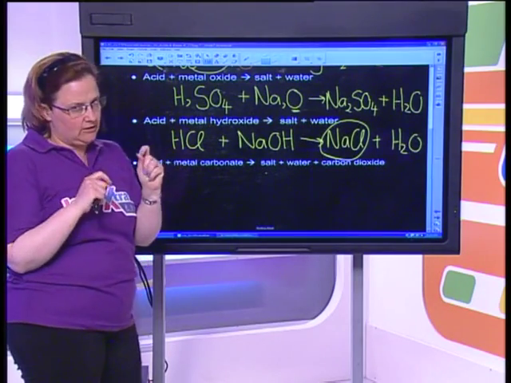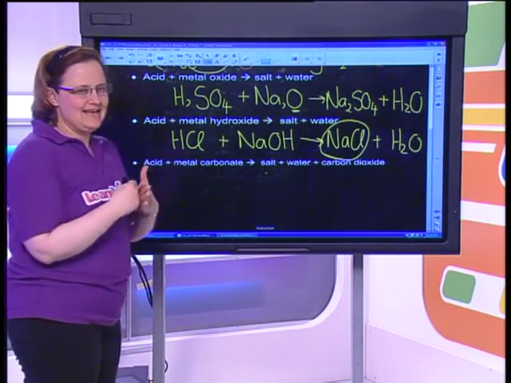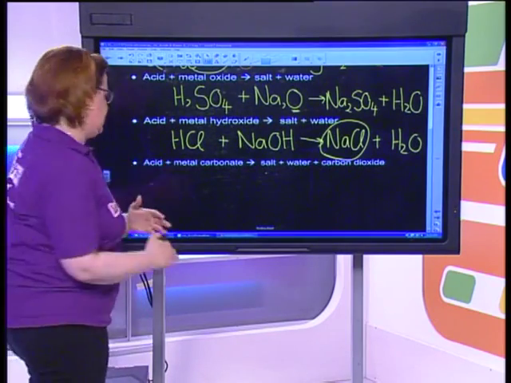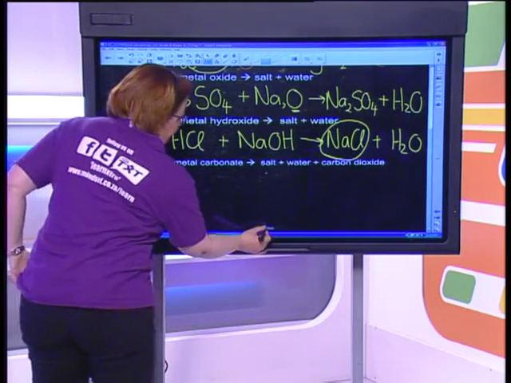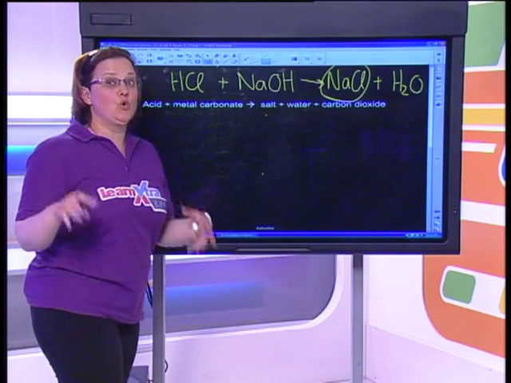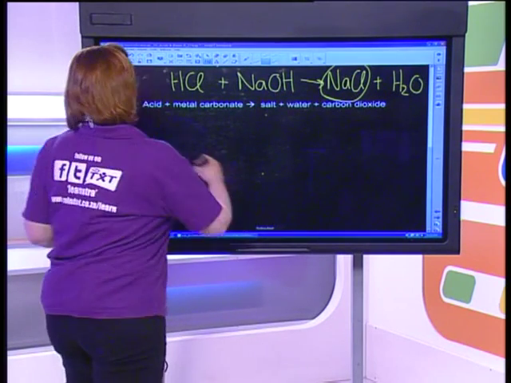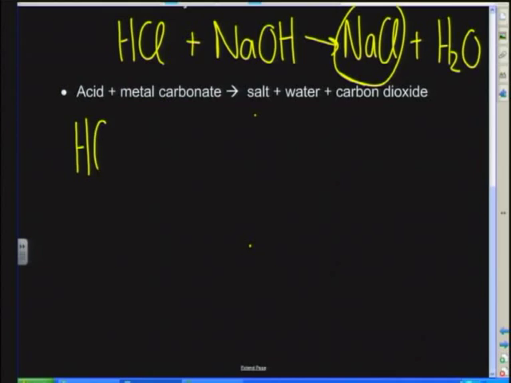Now the more difficult one. Acid plus a metal carbonate. Now, carbonates are your weak bases. So let's take HCl, let's not make this too difficult, and add it to sodium carbonate, Na2CO3.